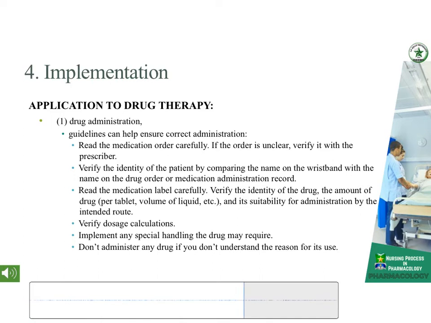If you do not understand, ask. You also need to verify the identity of the patient. How? By comparing the name on the wristband or identification band with the name on the drug order, the medication administration record, or sometimes your medication ticket. Before you give, check the patient's surname.